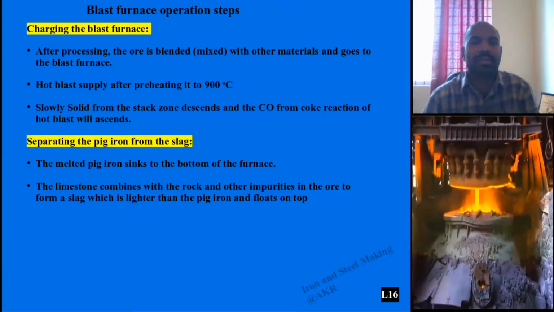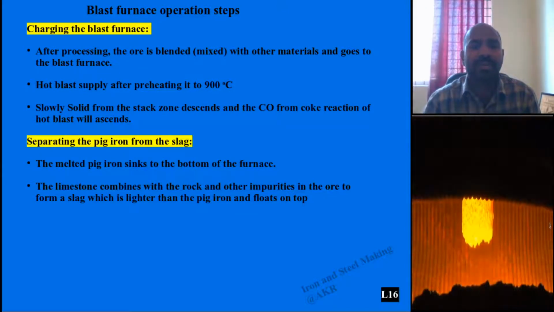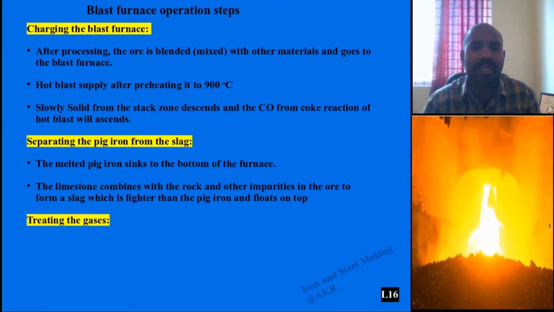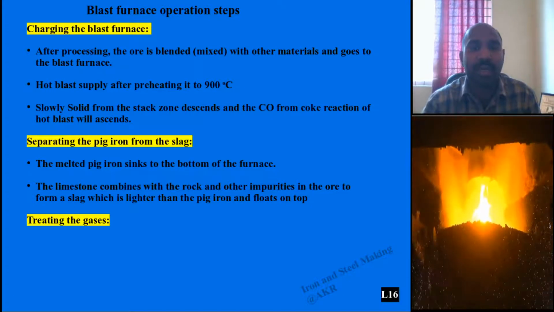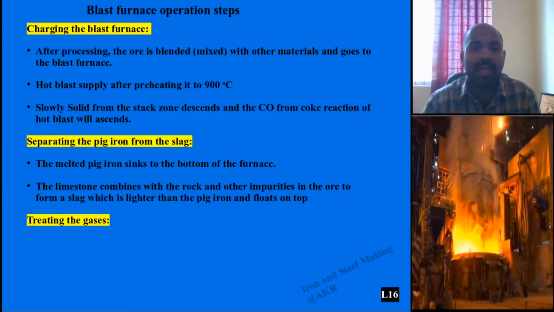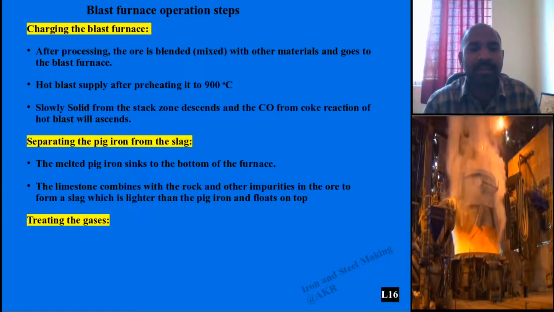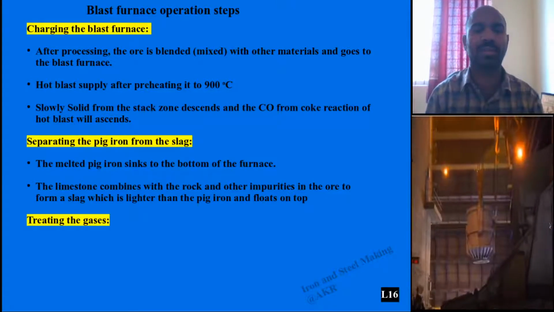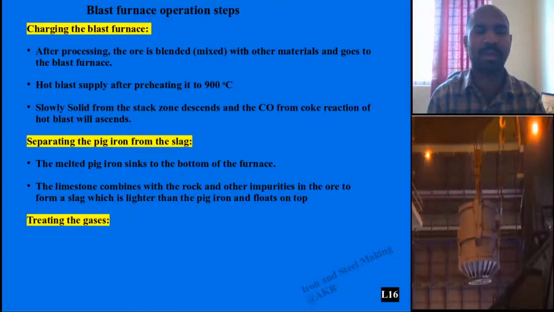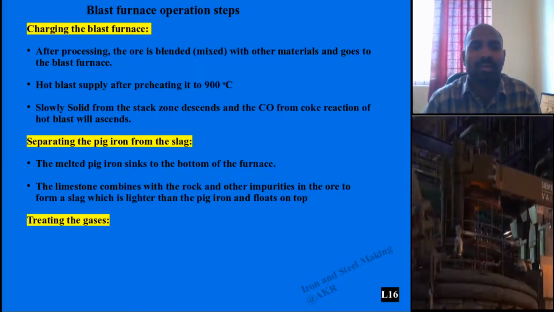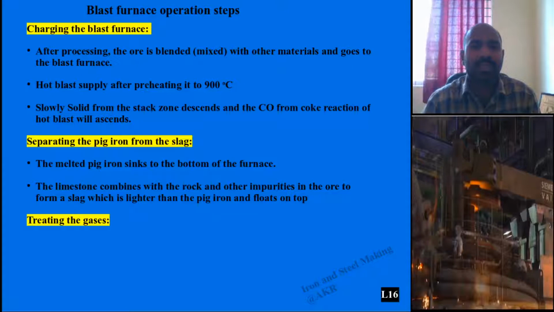That slag, because of its lower density than the molten pig iron, floats on top, so you can situate the slag tap hole at the top and the molten pig iron tap hole at the bottom, a distance of around a few meters, situated at the hearth zone. One side is the molten pig iron tap hole and the other is the molten slag tap hole, as we have seen in the last lectures.